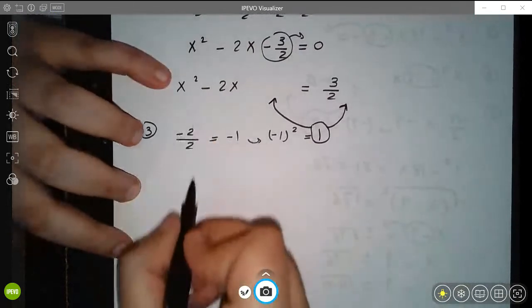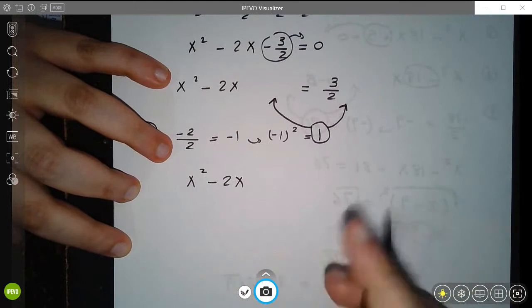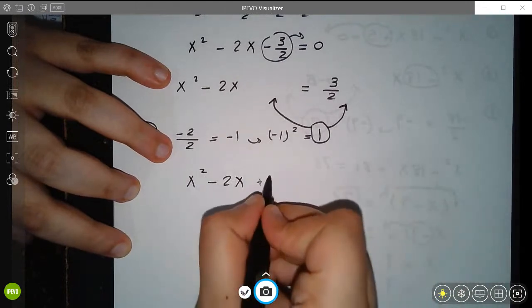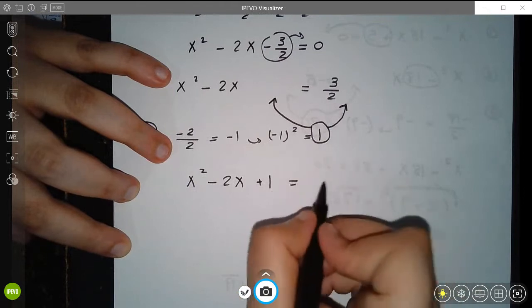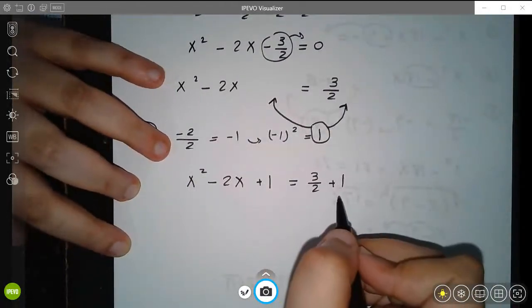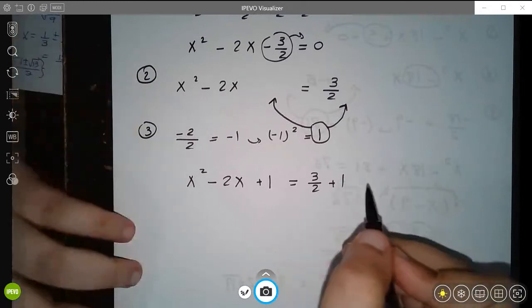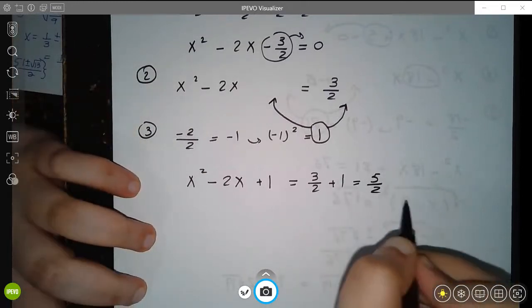And the result would be x squared minus 2x, we didn't touch that part, plus 1 equals 3 over 2 plus 1, which is basically 2.5, so 5 over 2, if you will. Okay?